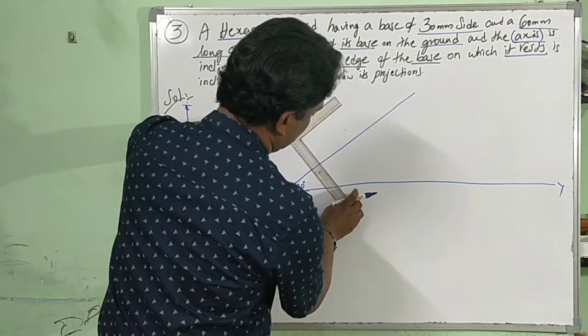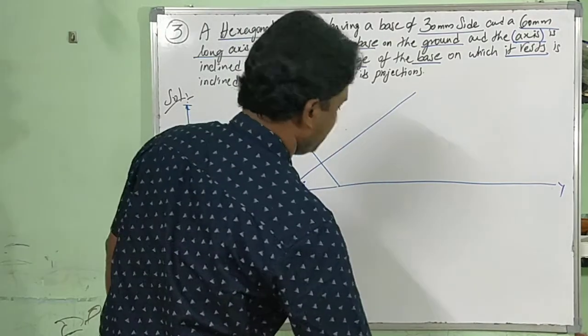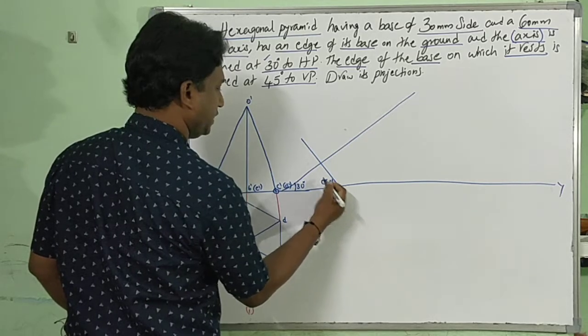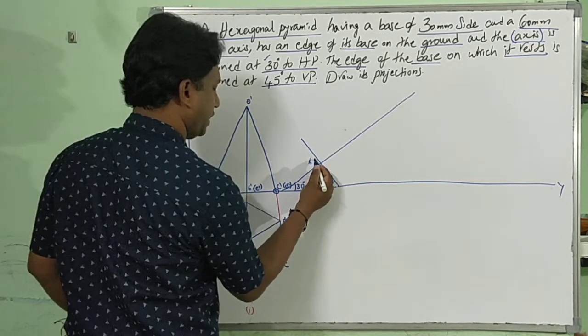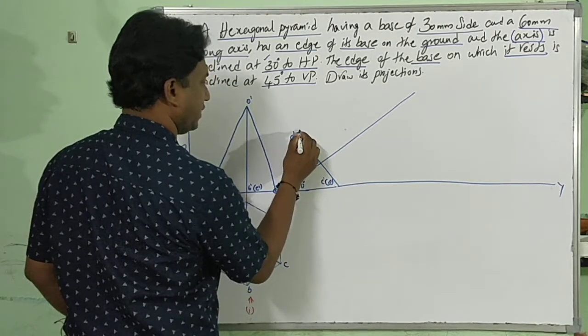That you have to do in such a way that this point is C dash, brackets D dash, B dash, brackets E dash, A dash, brackets F dash.